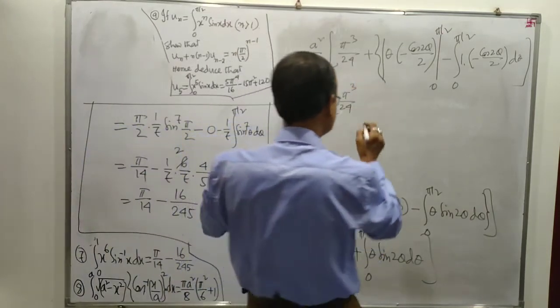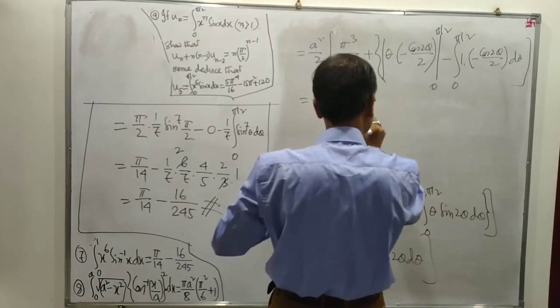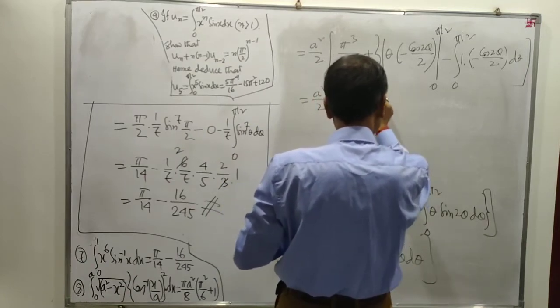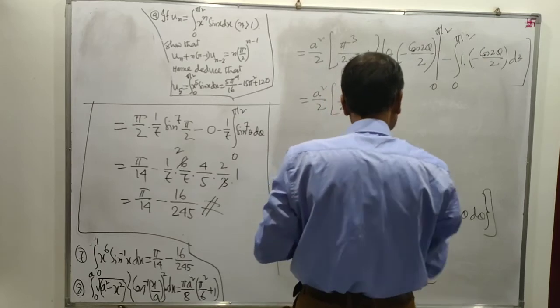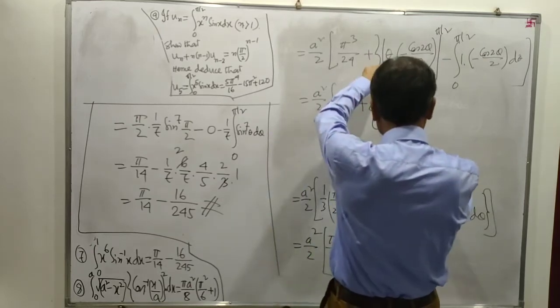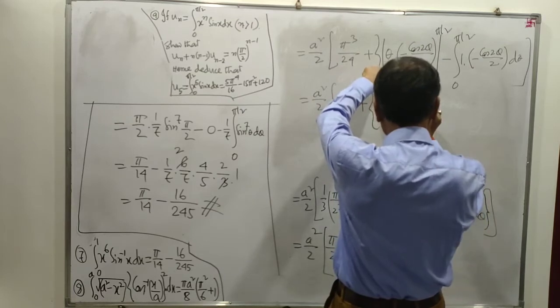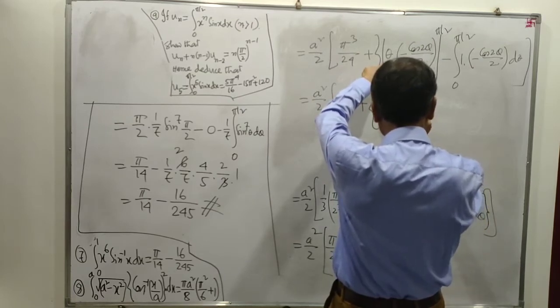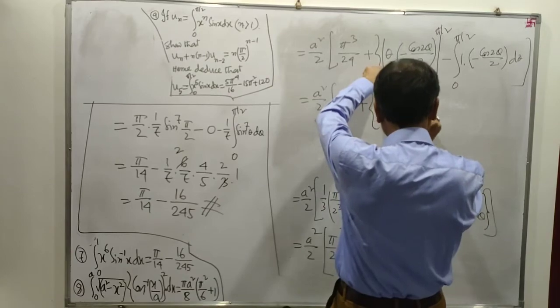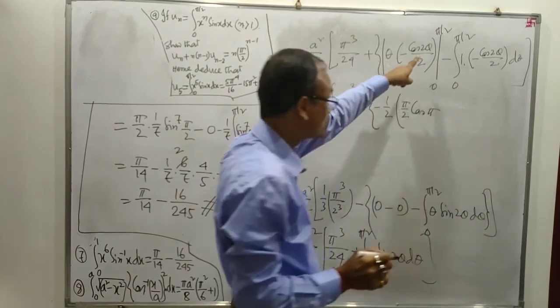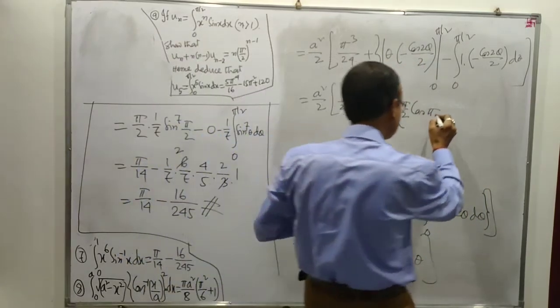You see here, plus minus 1 by 2, theta means pi by 2, into cos pi, minus 0.